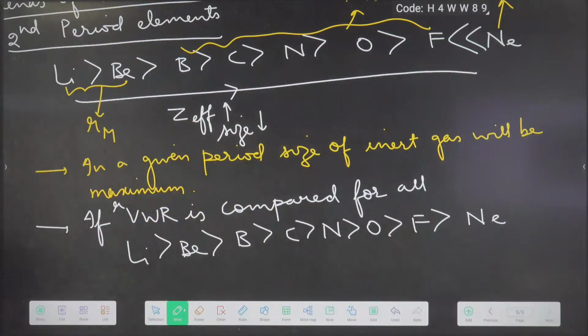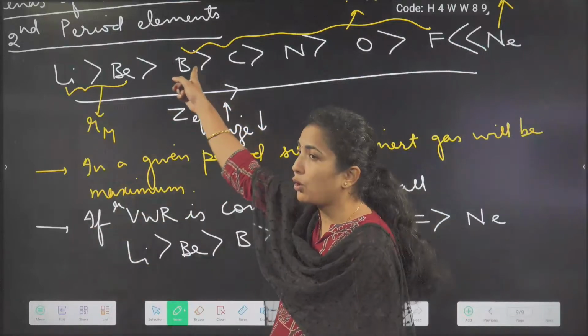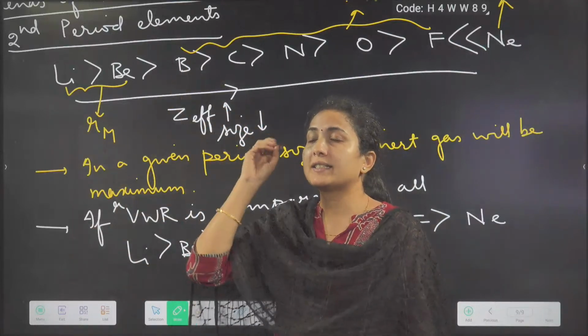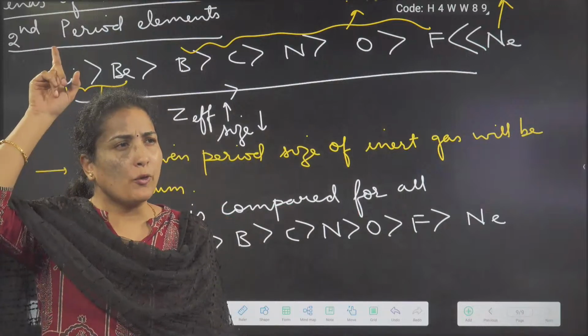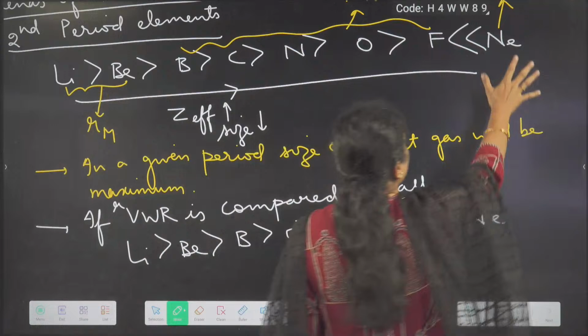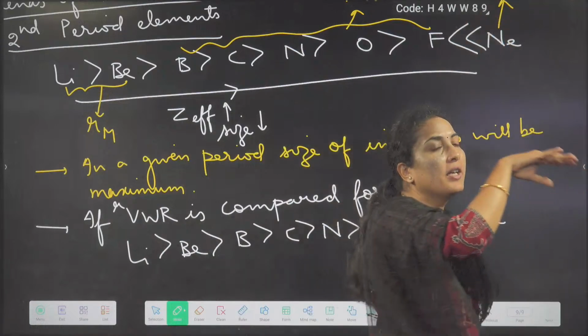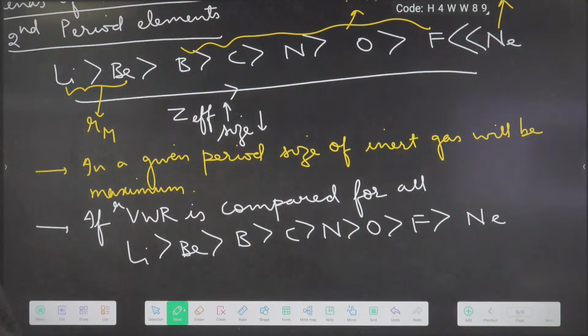Able to get it. But if the examiner is not specifying in the question, then you should stick to the first order. Normally they go for the first one only, which I have written, and normally they even avoid this. But for your knowledge, you should know that in a given period, the size of the inert gas is going to be maximum. Write this out.